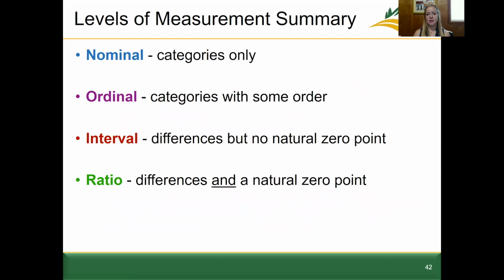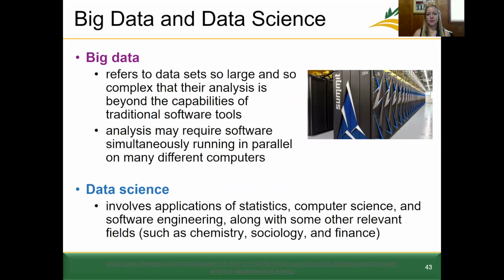To summarize them here: nominal, categories only; ordinal, categories with some order; interval, there are differences that can be meaningful, but there's no natural 0 point; ratio, we have meaningful differences between the data, and there is a natural 0 point.